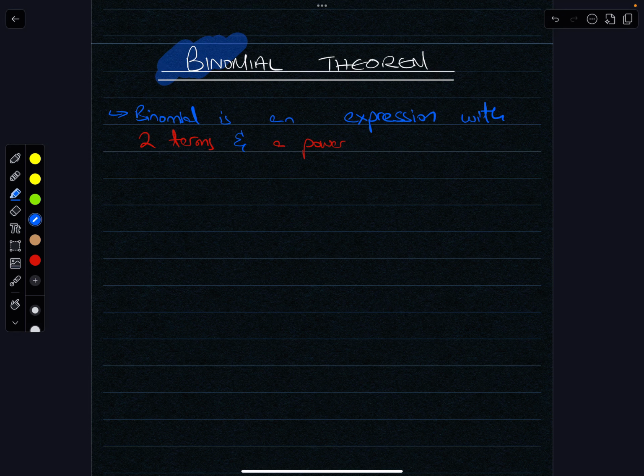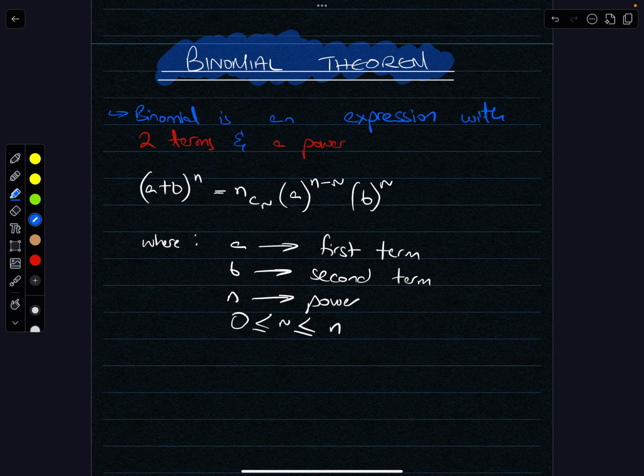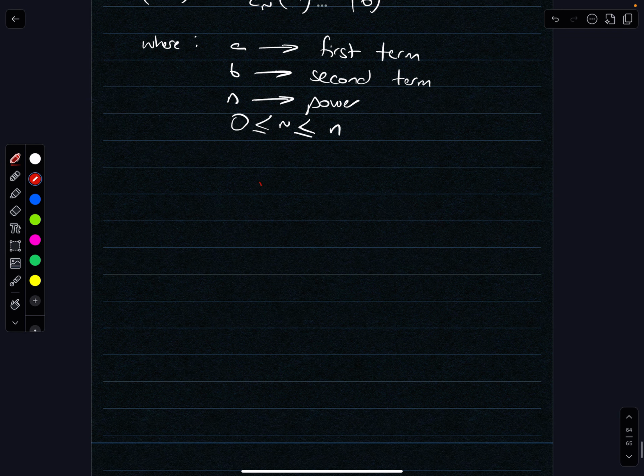Alright guys, so binomial theorem in A2 is an expansion of our AS knowledge. First of all, the fact that binomial theorem is an expression with two terms and a power remains unchanged, and the formula also remains unchanged. But binomial theorem can be divided into two categories.